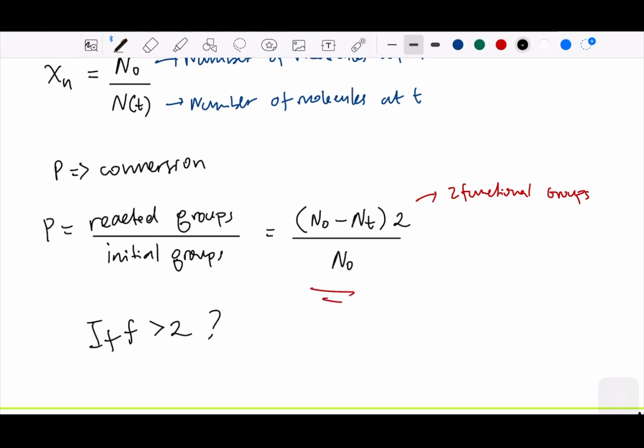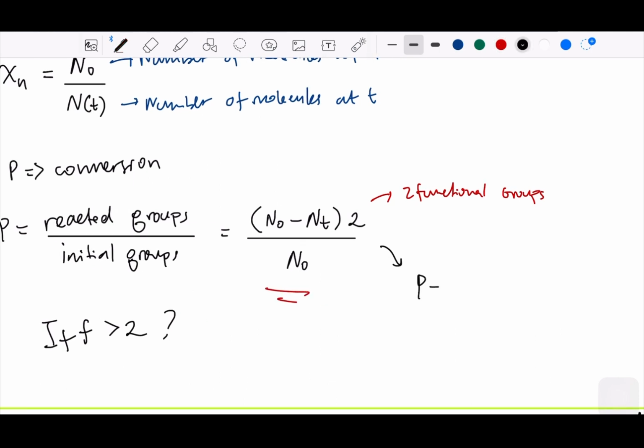Or actually, we could write this as p, and N_R, the reacted molecules, after some time t, multiplied by 2 divided by N_AB at t0. Now in the Carothers theory, we can write N_AB at t equals 0 because A and B have the same number of functional groups. So we can write like that.